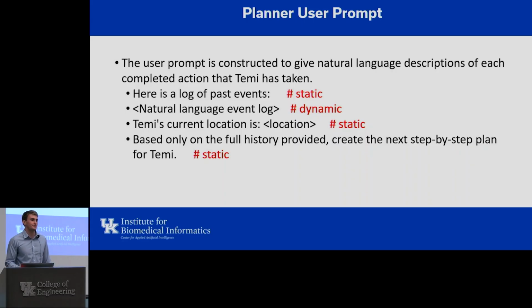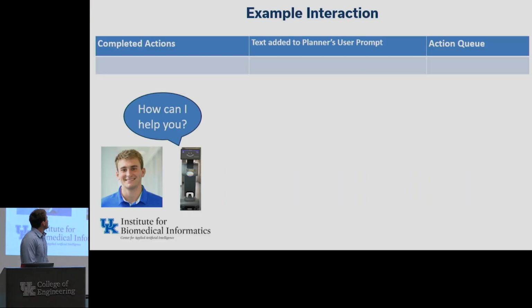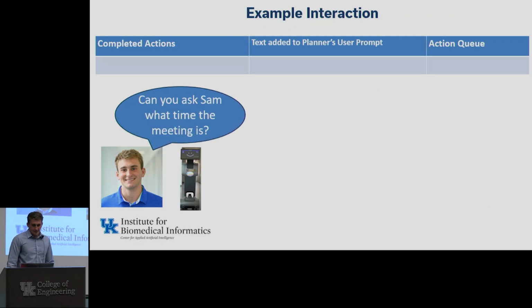So this is best understood with an example. Say I approach Temi in the office, and it detects that I'm there, and it triggers the interaction. This is going to use the talker LLM. So we're going to inject "how can I help you" into the context of that language model. And when I answer, I'll say, "Can you ask Sam what time the meeting is?"